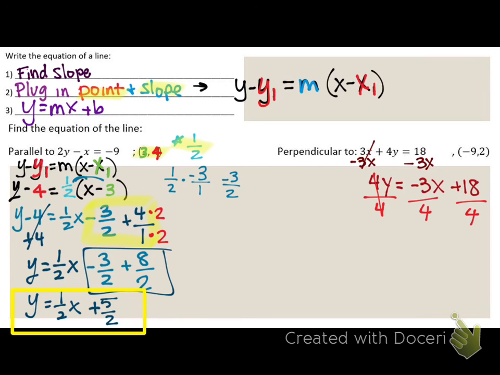What is our old slope? Negative 3 over 4. But I want perpendicular to negative 3 over 4. 4 over 3. So we're going to use 4 over 3 as our slope. And we're going to use negative 9, 2 as our point.